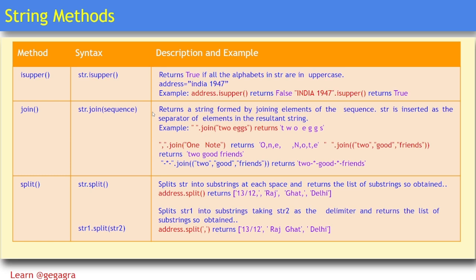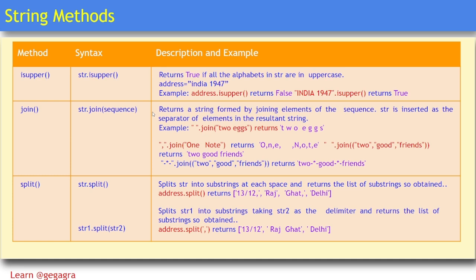Okay, so we have observed that the letters are joined with the space. Here I'm going to join the word "one note", and over here I have mentioned a comma, so it joins the string with a comma. It will result like o comma n comma e comma space, then n comma o comma t comma e.